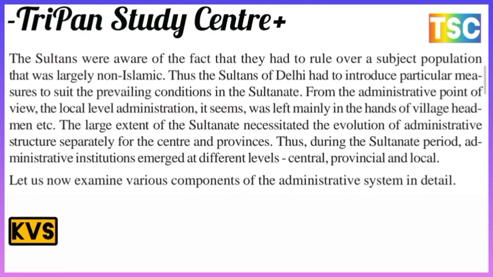From the administrative point of view, local level administration was left mainly in the hands of the village headman and others. To a large extent, the Sultanate necessitated the evolution of an administrative structure separate for the center and province. Thus, during the Sultanate period, administrative institutions emerged at different levels: center, provincial and local. Let us now examine various components of the administrative system in detail.